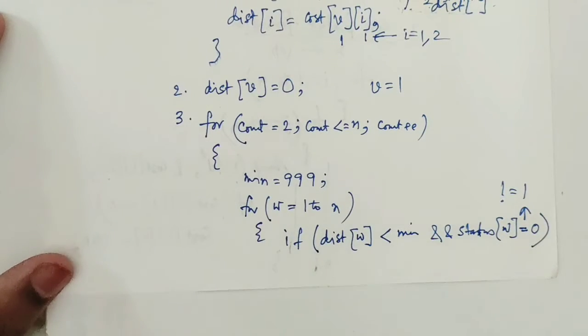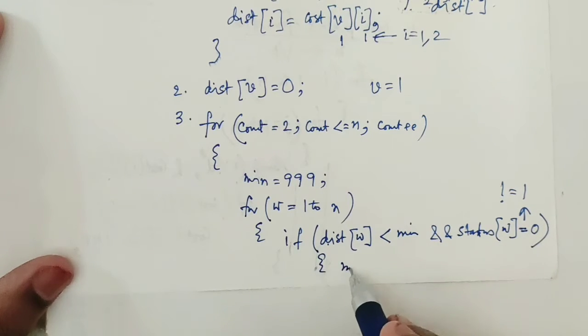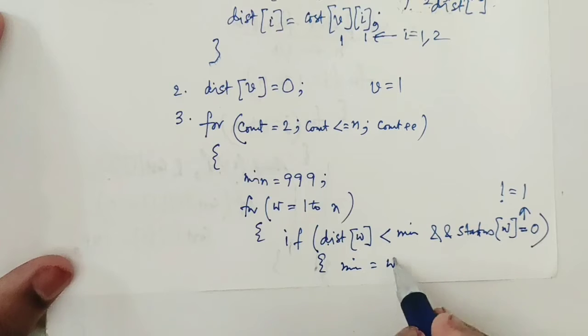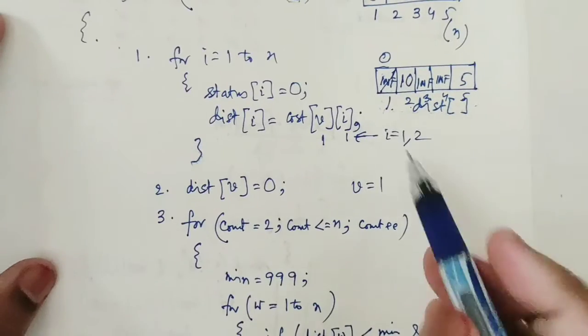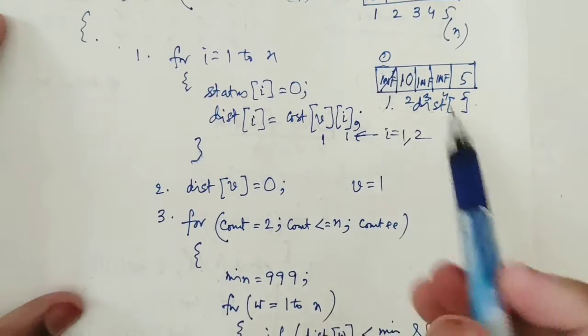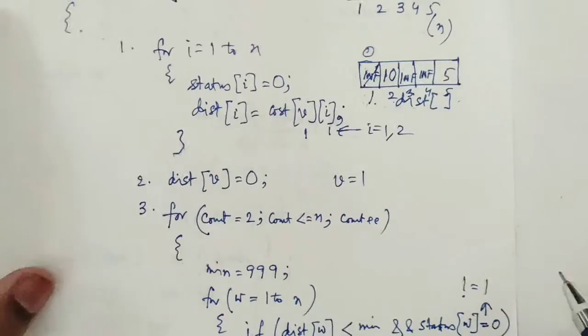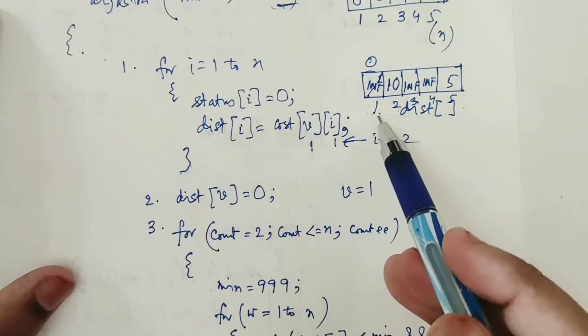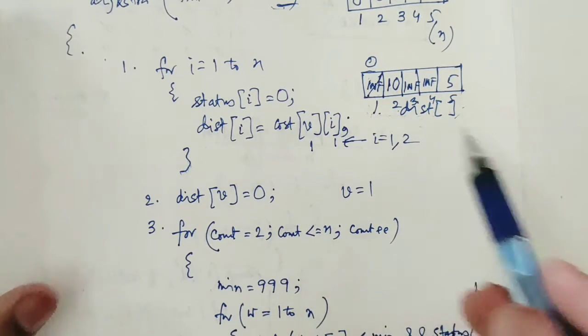If list of w is less than min and status of w is not equal to 1, then min will be list of w. That means min will be 0, the new value. And for which vertex? For vertex number 1 here, then it may be any vertex among 2 to 5.